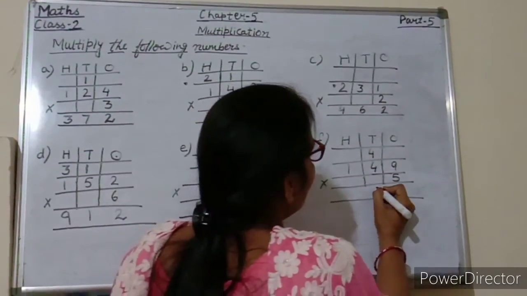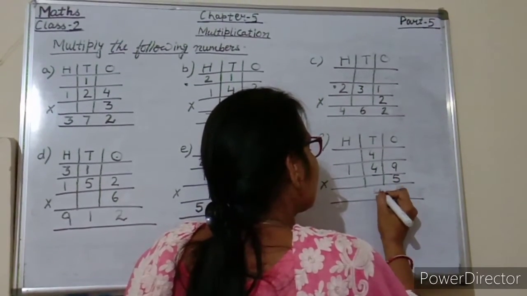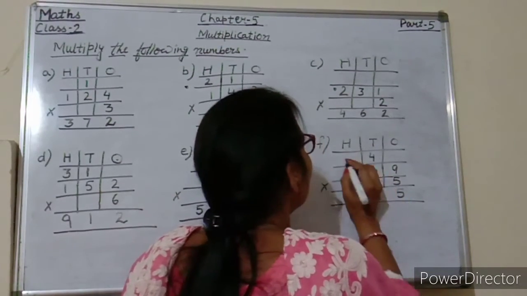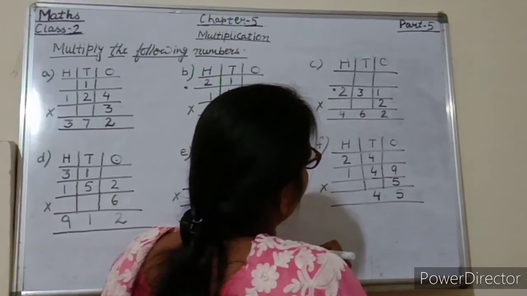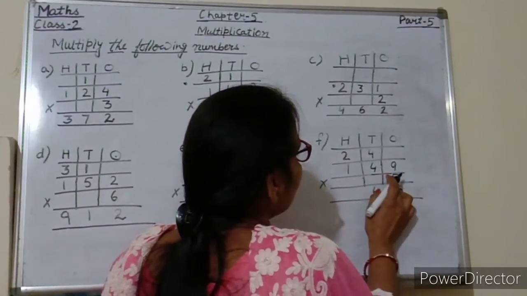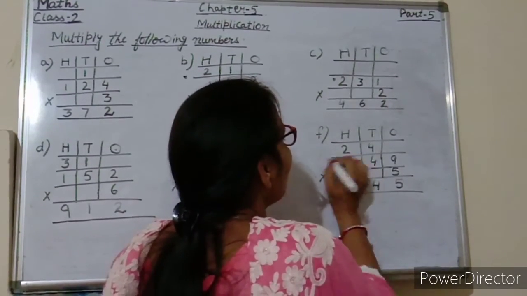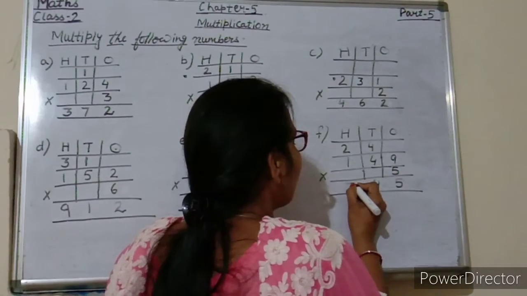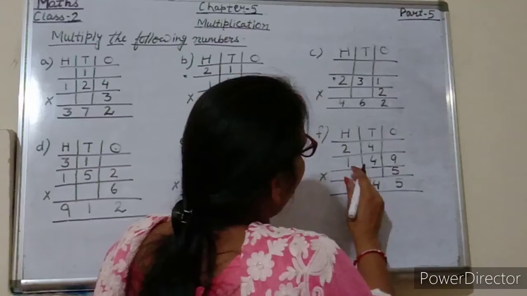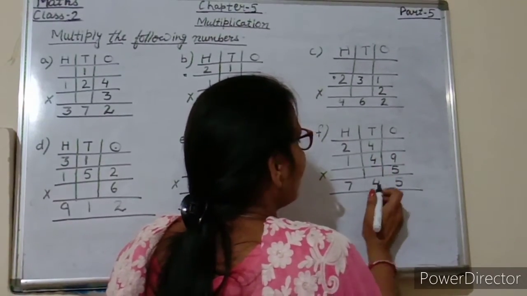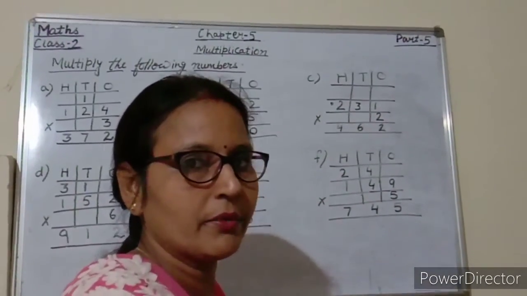So here we will write 4 under the tens column and 2 we will write as a carryover in the 100 place. Okay, so students, 100 into 5, 500. 500 plus 200, 700. So 7 we will write under the 100 column. So students, 149 into 5 is equal to 745.